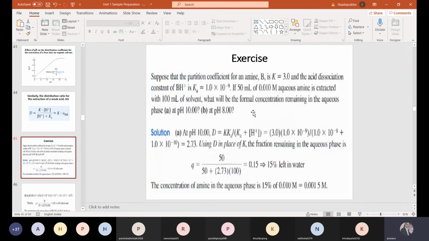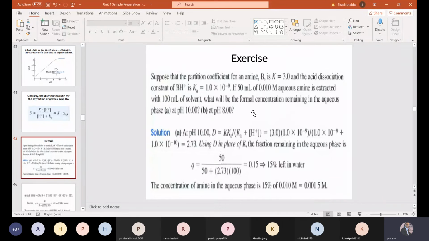The problem is like this. Suppose that the partition coefficient for an amine, that is base B, K is equal to 3. When we say partition coefficient, that means it is assuming that the base is undissociated. If it is undissociated, the K value is 3, and that is the maximum value one has obtained.